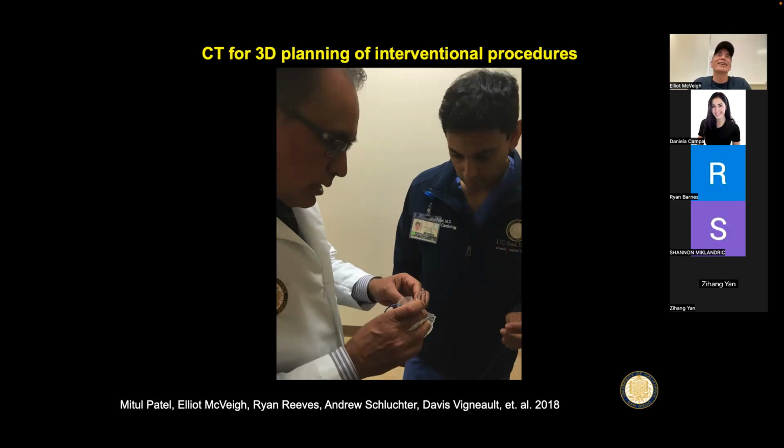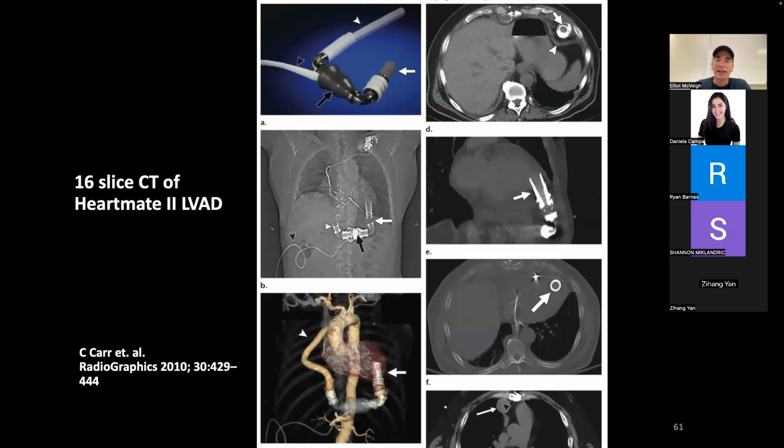There aren't a lot of printing stories, but it's worth having a printer in your lab, I think, for certain situations like this. And then other applications of CT: when you have an LVAD, a left ventricular assist device, you can't get anywhere near an MR scanner. But with CT, you can just see where everything is, where it's plugged in, whether it's in the appropriate place, and what the connections are.